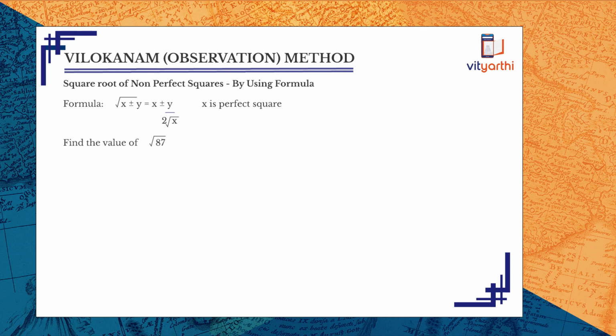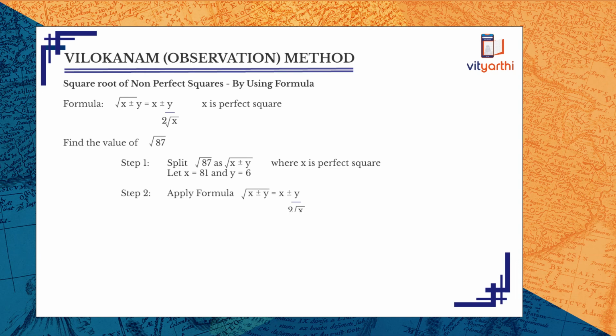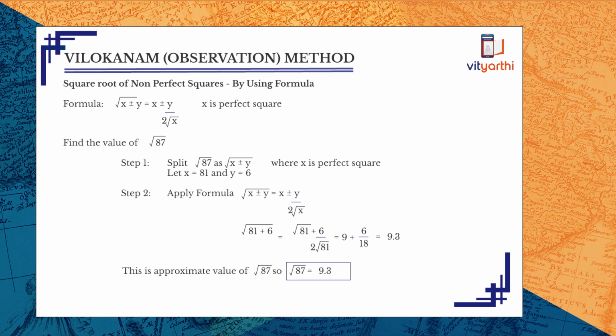Root 87: x equals 81, y equals 6. Therefore, we have root 81 plus 6 upon 2 root 81. After simplification, we get 9.33, and this is the square root of 87.